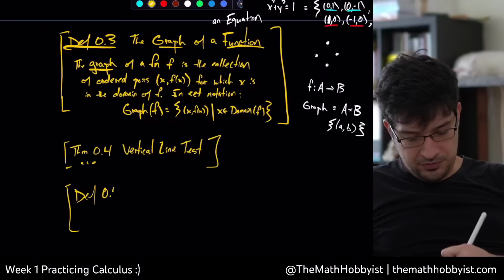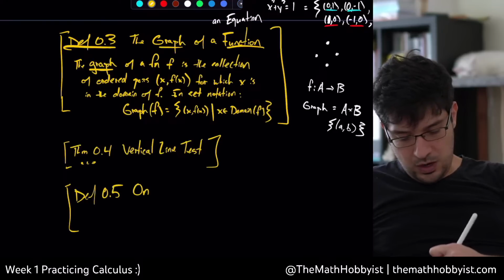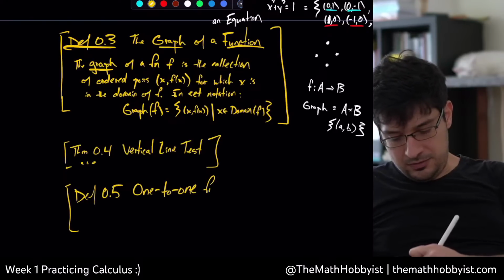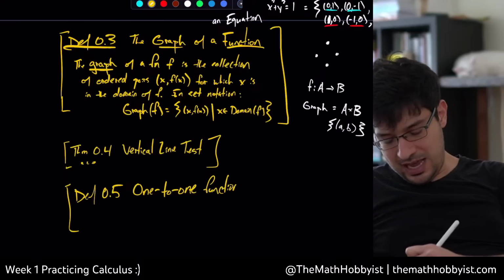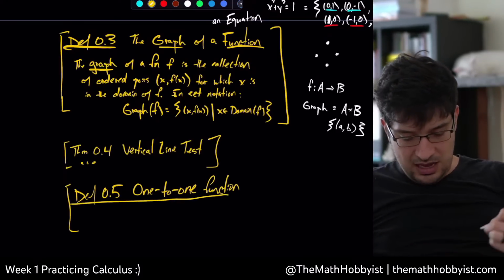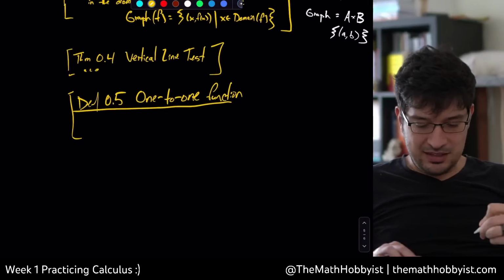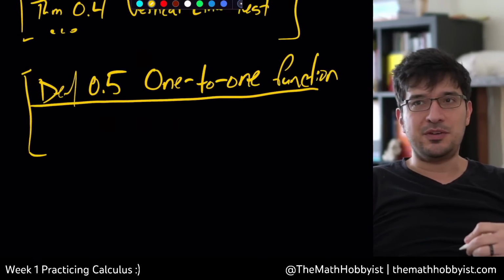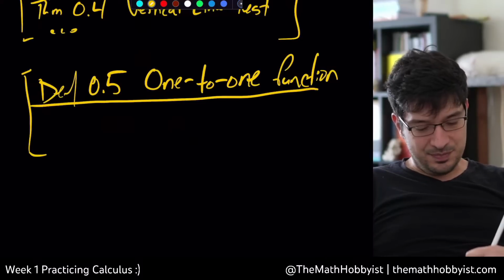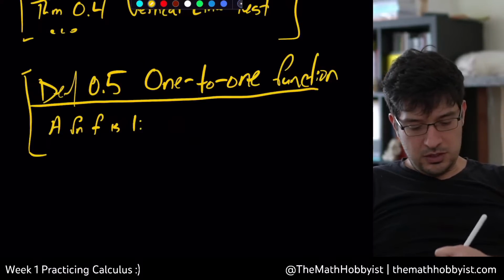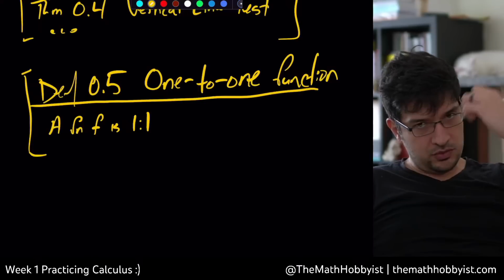Definition 0.5, a 1-to-1 function. Look at how smart I am, y'all. I did the same thing. I thought, okay, if I'm going to teach calculus, I got to start out talking about 1-to-1 functions. A function f is 1-to-1, I'm going to use shorthand, okay?